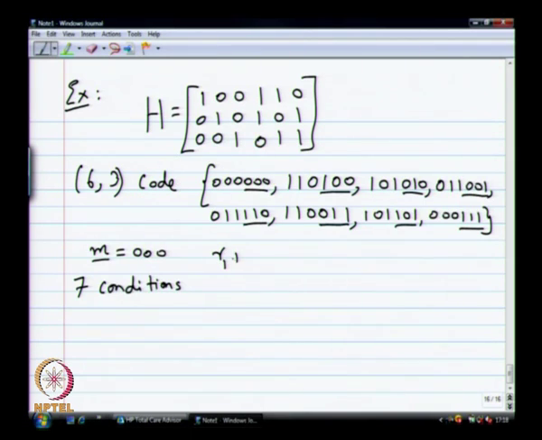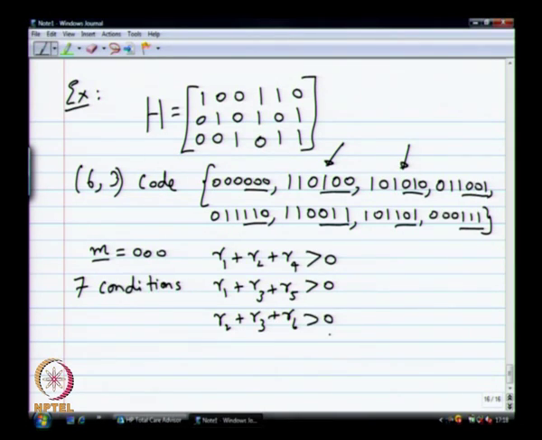Okay, R1 plus R2 plus R4 is greater than 0. That will be the comparison with this guy. Comparison with this guy will be R1 plus R3 plus R5 is greater than 0. Okay. So, then the next one will be R2 plus R3 plus R6 is greater than 0. Do you see how I am getting it?